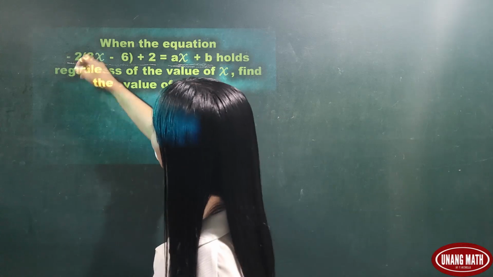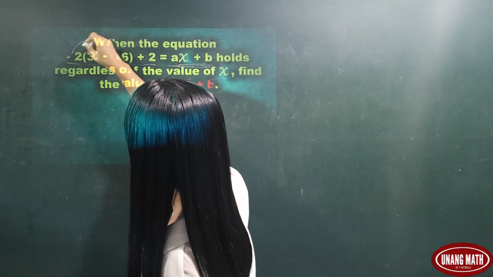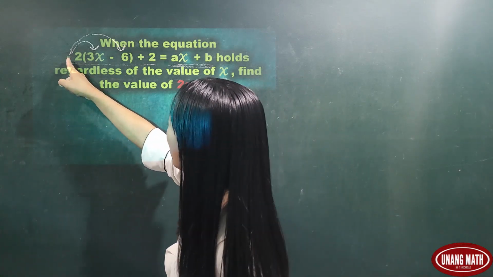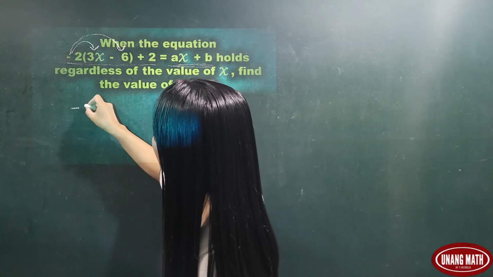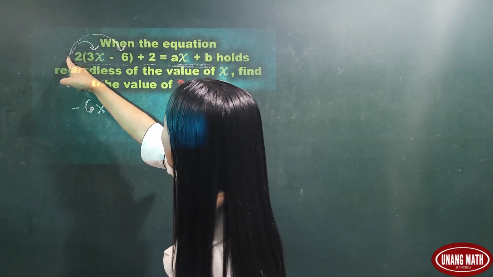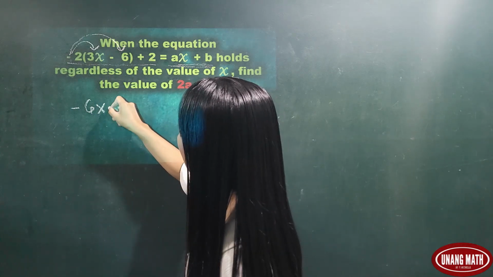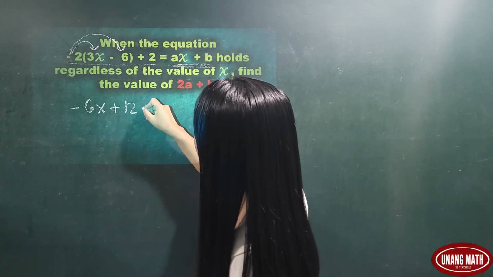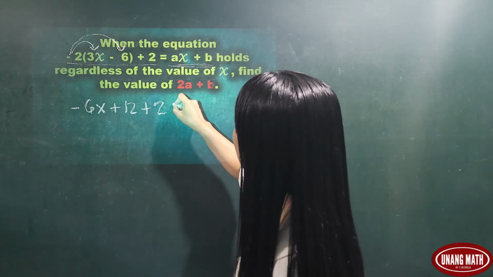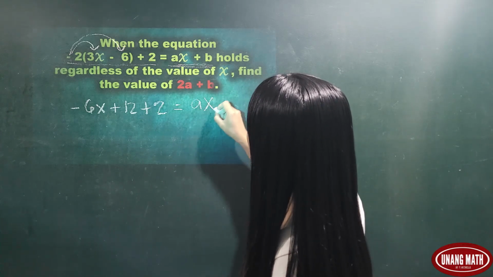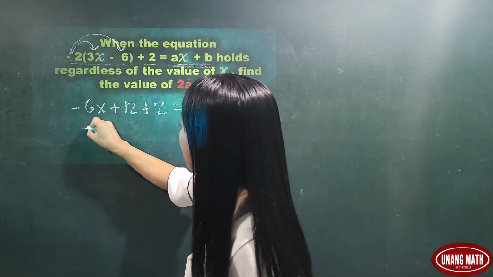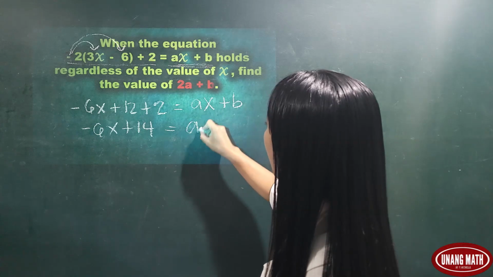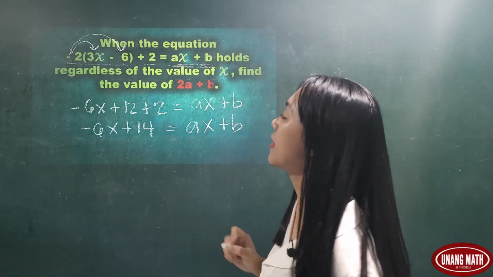So we need to use the distributive property so we can remove the parenthesis. Negative 2 times 3x is negative 6x. Negative 2 times negative 6 is positive 12. So negative 6x plus 12 plus 2, and this is equal to ax plus b. So this is negative 6x plus 14. This is equal to ax plus b.